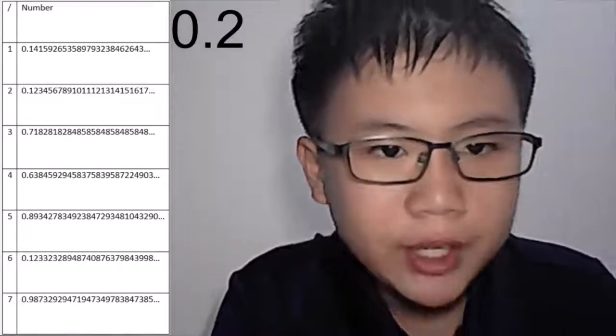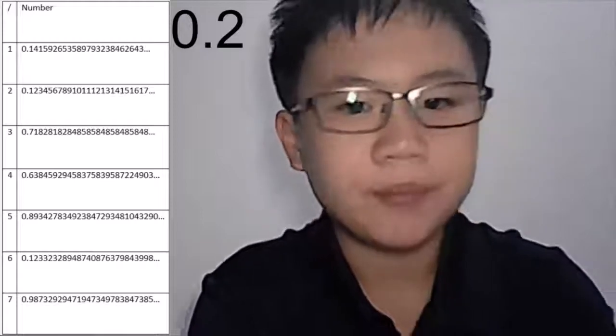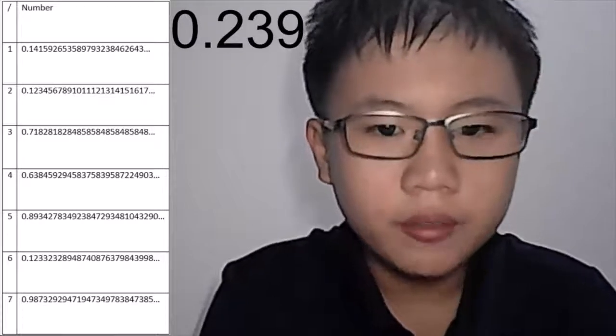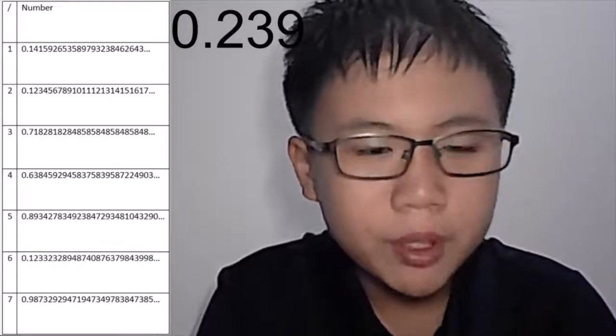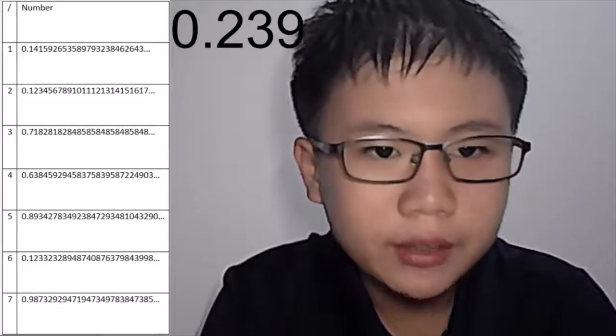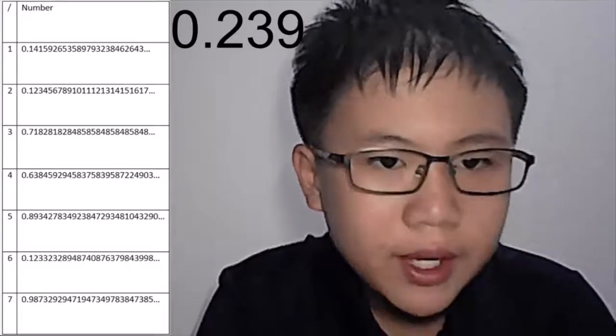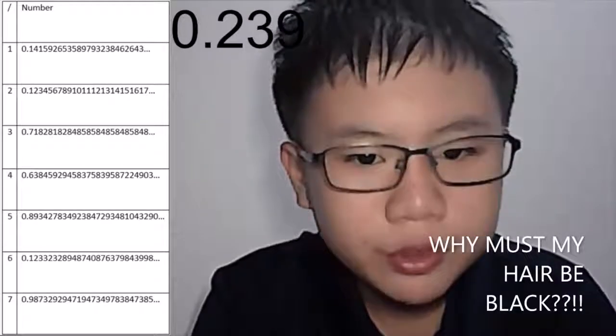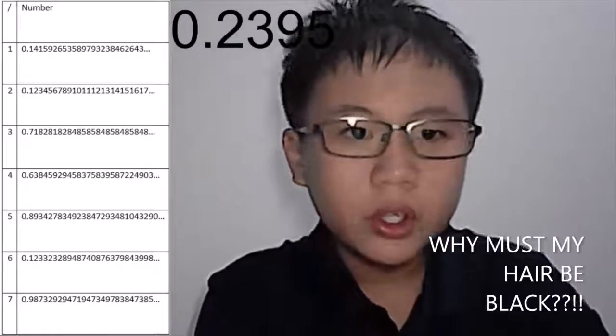Over here we see the first number, 0.1415, so we take the first digit and we add 1. Now for the second number, we see that it is 0.123456 and so on. We'll take its second digit and add 1, so it will be 3. Now for the third number, we'll take its third digit and add 1, which is 9. Now for the fourth number, we have 0.638459 and so on, and we'll take its fourth digit into the decimal place, which is 4, and we'll add 1, so 5.